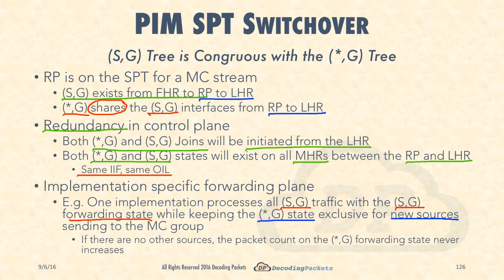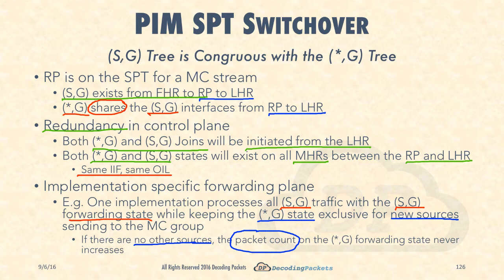So one of the ways this would manifest, if S happens to be the only source in the network, is that the packet count on the star,G tree never increases, because the RP does not have any need to forward traffic on the star,G, since all of the traffic from the sole known source is now being forwarded on the S,G. So once again, the forwarding plane itself is implementation specific, but the troubleshooting hardly ever involves the forwarding plane.